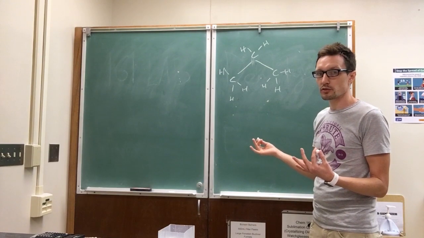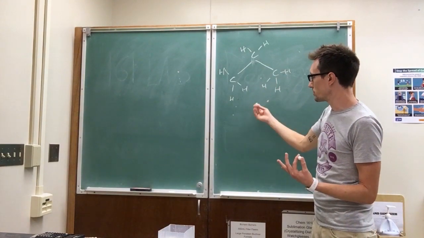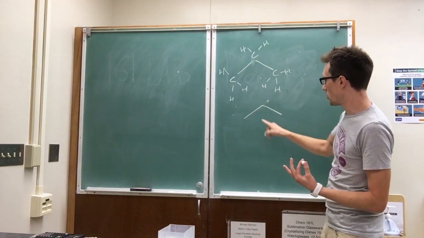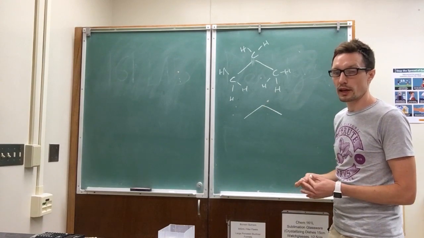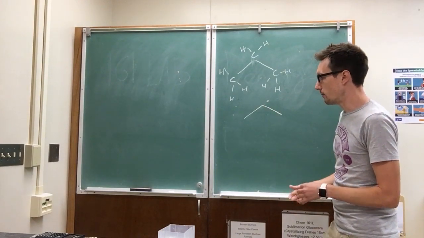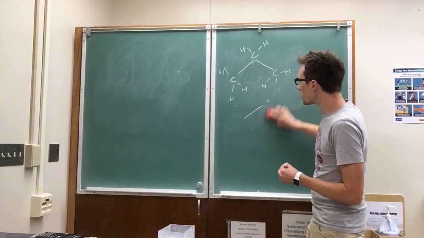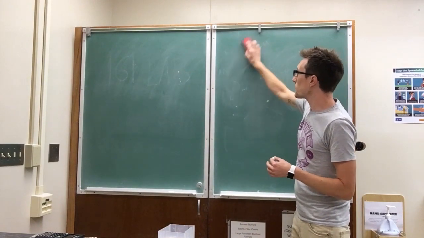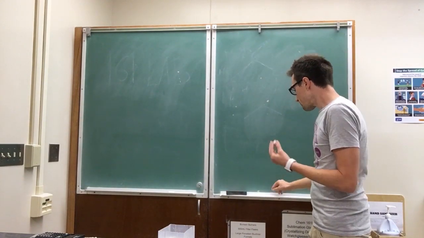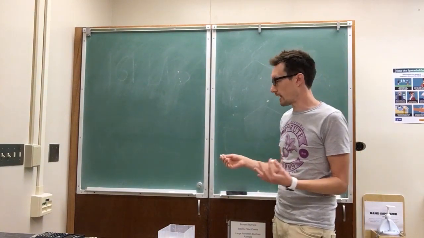In organic chemistry, you would omit the hydrogens, and every corner is a carbon, and that's how we would draw propane in organic chemistry. So with that said, a fluorocarbon is the same thing going on with the carbon chain, except it's going to be fluorine atoms.